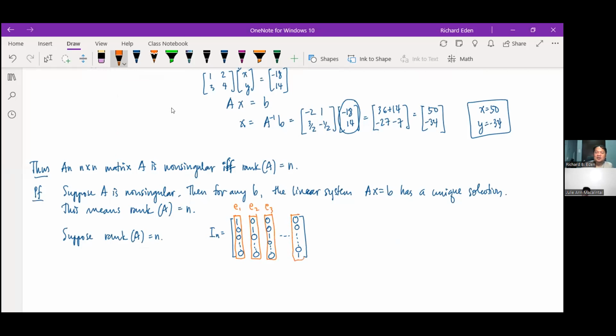What name should we give this last column? What do you think is its name? Wait, the rank is N, right? It's N squared. So E sub N?